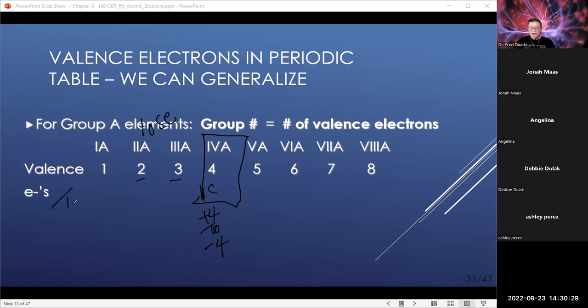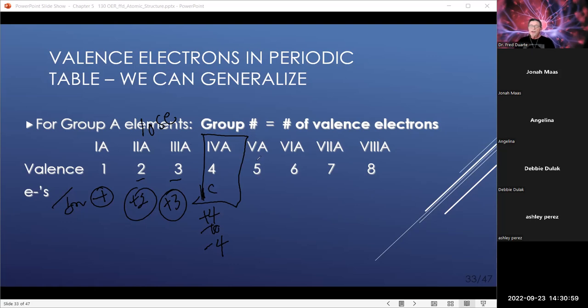When they become ions, you end up with a +1 charge for the elements in group 1, a +2 charge for the elements in group 2A, and a +3 charge for those elements in group 3A. Think about it. If I have 3 valence electrons and I lose them all, I lose 3 negative charge species. Now I have a net +3 charge.